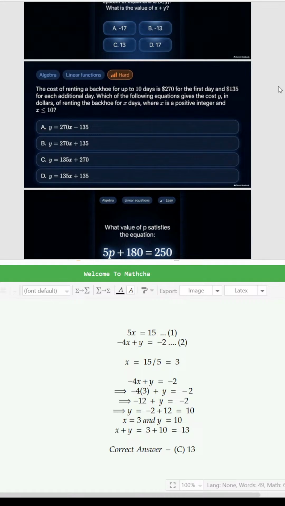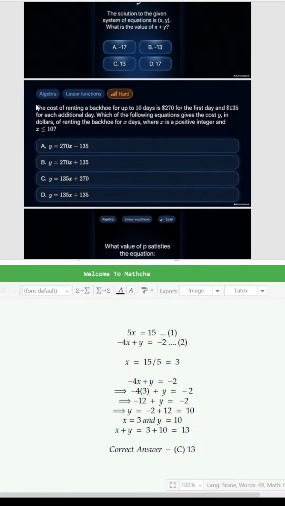Try to solve this question by yourself, and then we'll together solve this question and find the answer by doing the steps. So this is the question that we have to solve. The cost of renting a backhoe for up to 10 days is $270 for the first day and 135 dollars for each additional day.